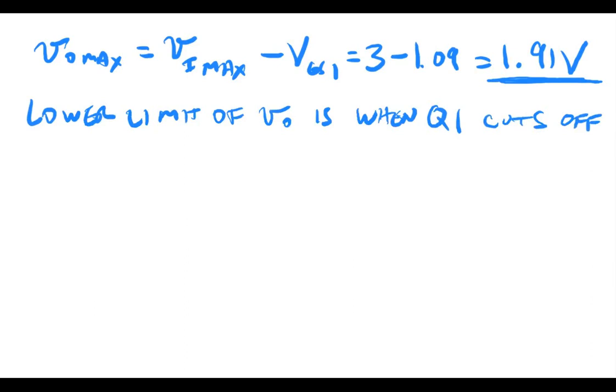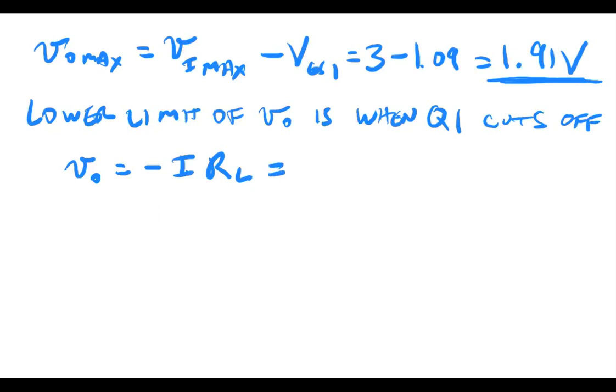At that point, I can have two situations. First, the output voltage is going to be minus I times RL because the transistor Q1 is cut off.